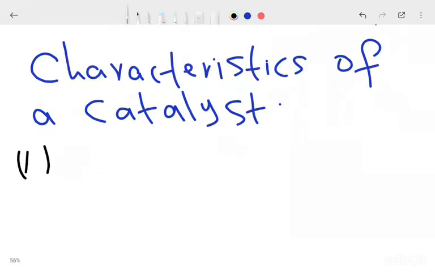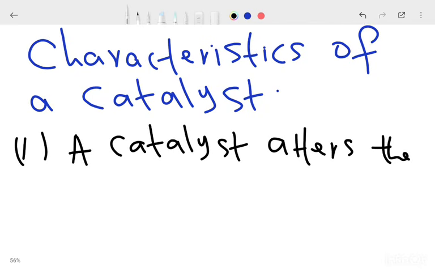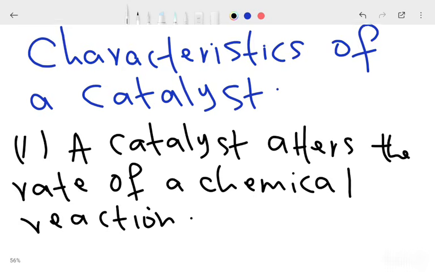Now, number one, a catalyst alters the rate of a chemical reaction.